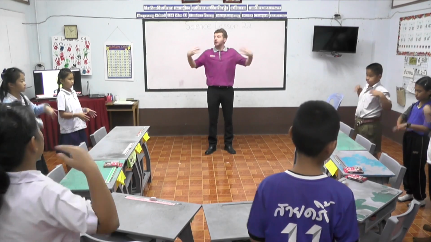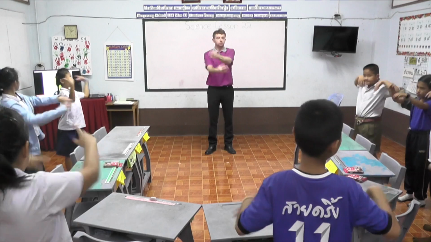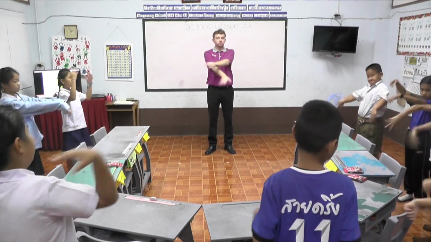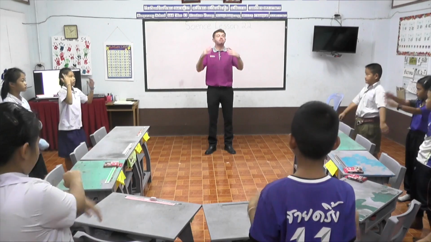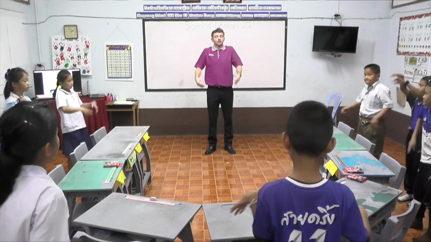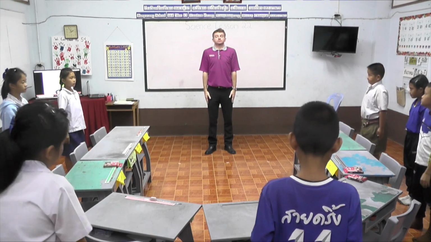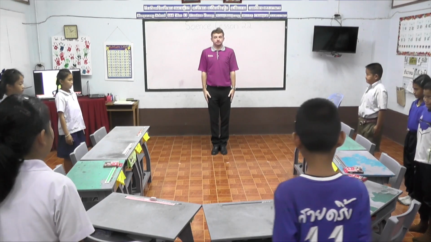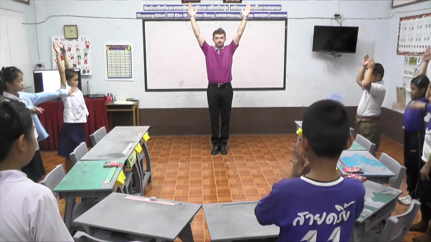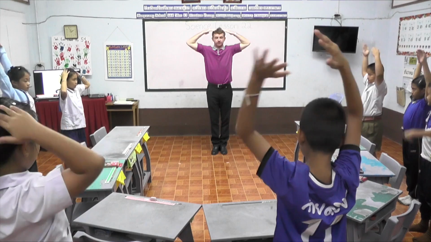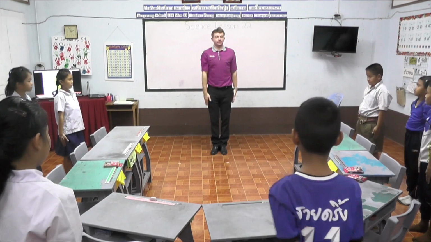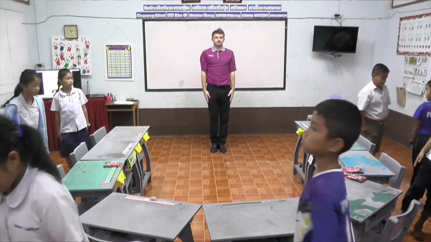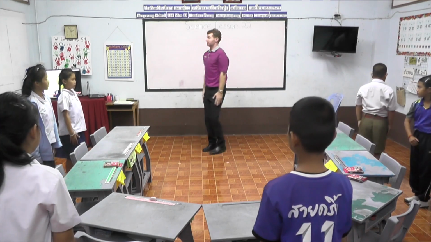And now let's shake our arms. And stand straight. Legs together. Arms up in the air. Arms on the head. Arms in the air. Side. Turn around. Let's go back the other way.